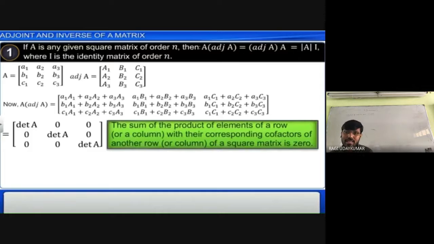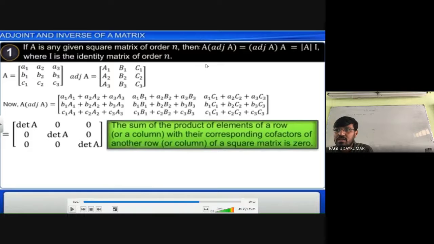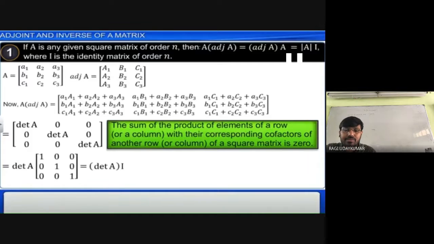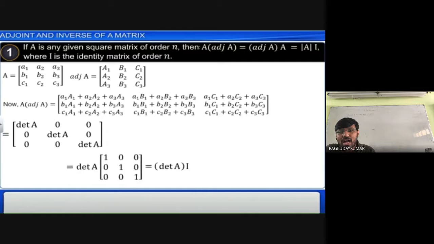Here we have already learned the theorem that the sum of the products of the elements of a row or a column with the corresponding cofactors of another row or column of a square matrix is 0. Same row, if you are taking, you get the determinant of the matrix. So here determinant of A is taken common. Then we are going to get 1 0 0, 0 1 0, 0 0 1. So this is determinant of A into I.